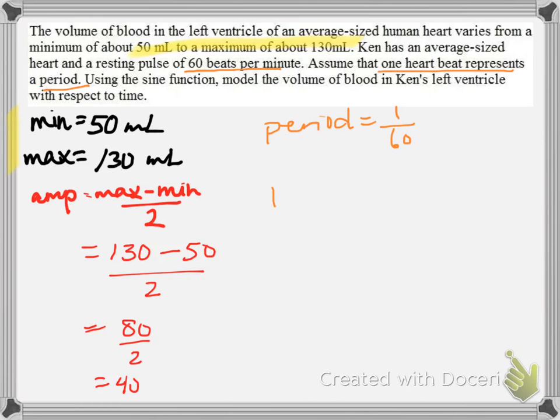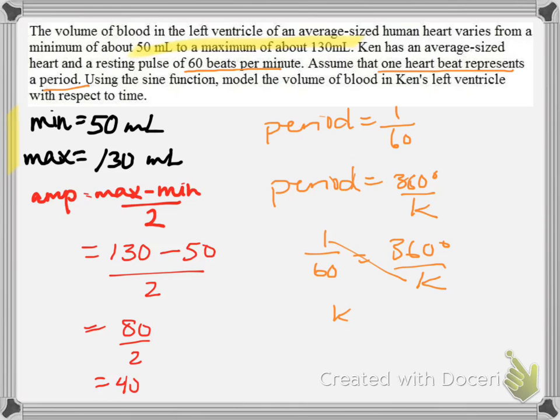We know the period is equal to 360 degrees over k. So 1 over 60 is equal to 360 degrees over k. When you cross multiply, k is equal to 21,600. Pretty big number.